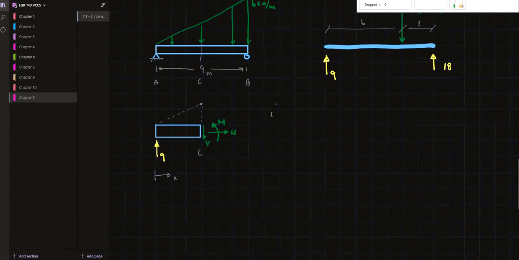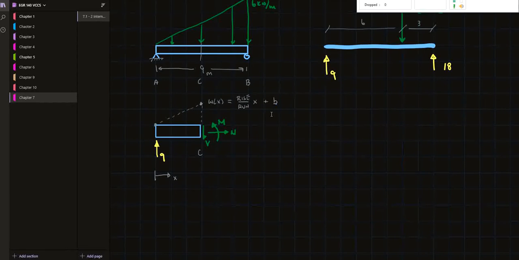So what I need to do is figure out what this W of x is. W of x is going to be the equation of this load, and it's linear. It starts at 0 and goes to, at the end, 6 kilonewtons per meter over 9. So essentially we're going to look at the rise. We've got to figure out the slope of the line, rise over run, times x plus b.